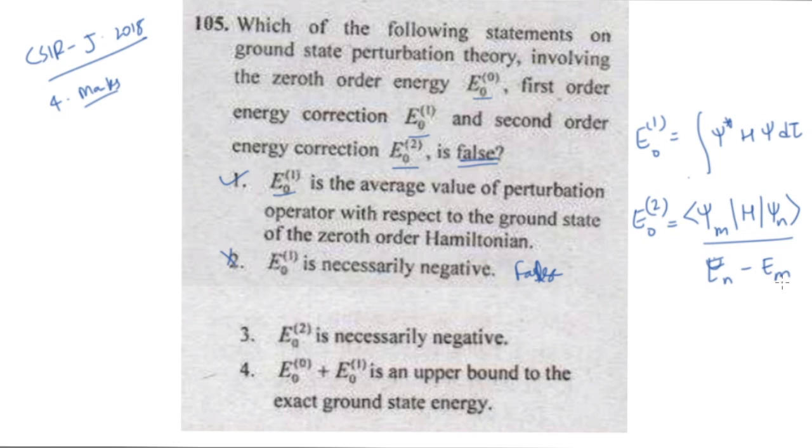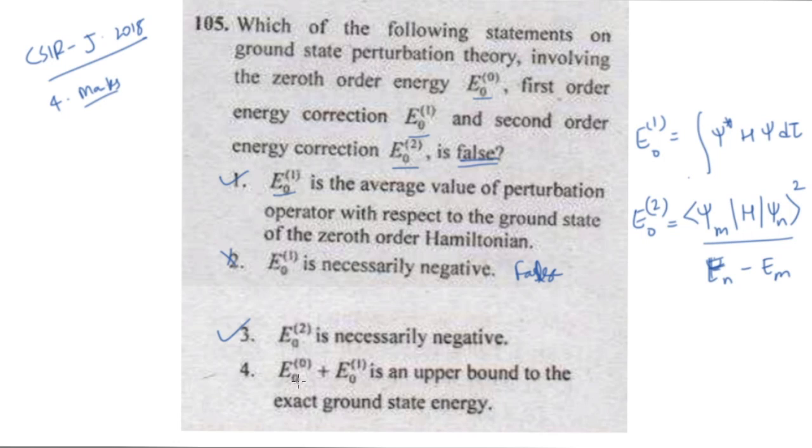We know that Em is the energy of the higher energy level and En is the energy of the lower energy level. So if you subtract the higher energy value from the lower energy value, you get a negative in the denominator, and in the numerator you have a square value, so you get a positive term. That means the second order energy correction is necessarily negative. So that is also a true statement.